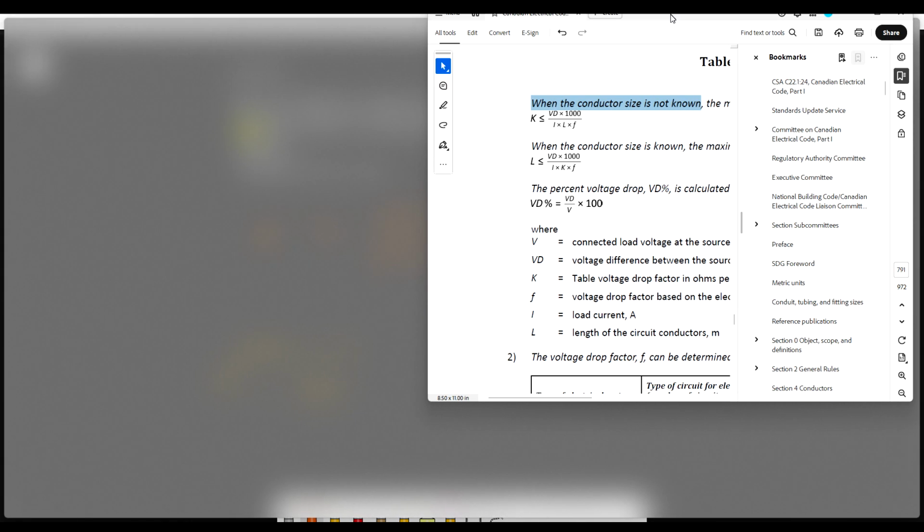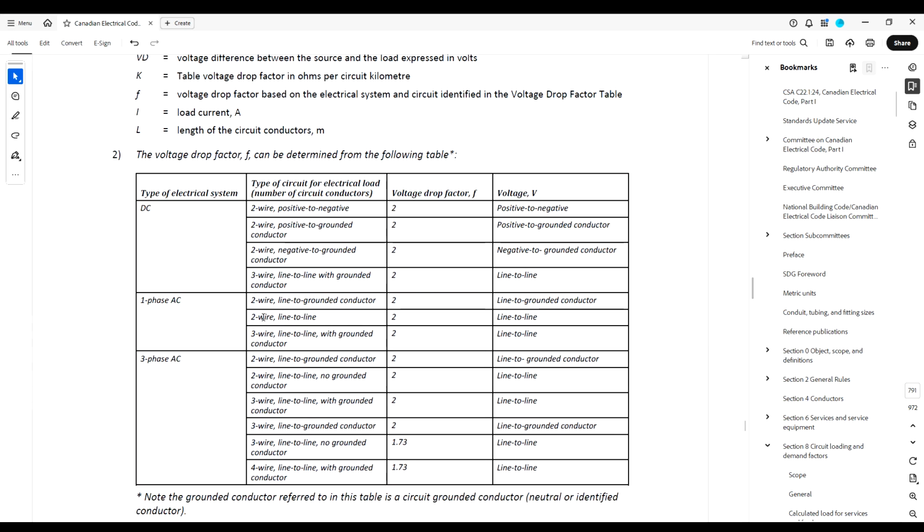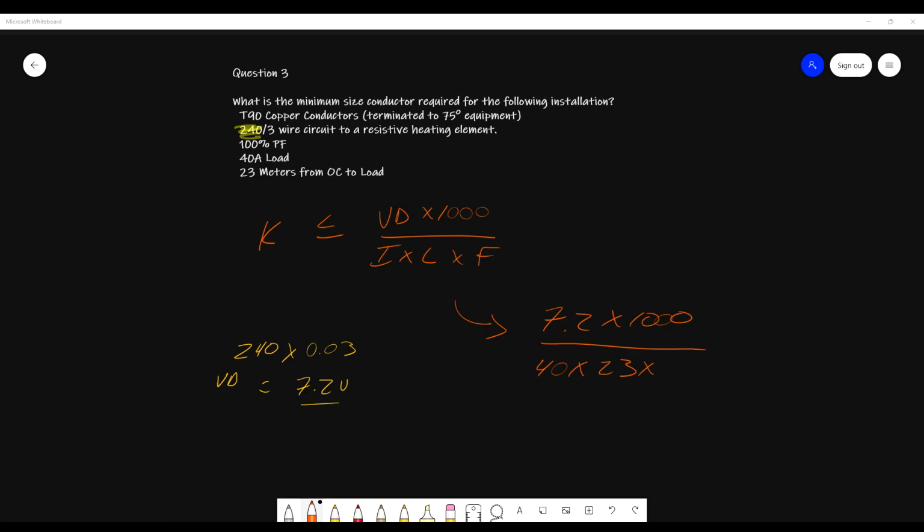So just to show you, 3-wire line to line with grounded conductor: it's 2. Everything is going to be 2 except those last 2 installation scenarios. So 2.